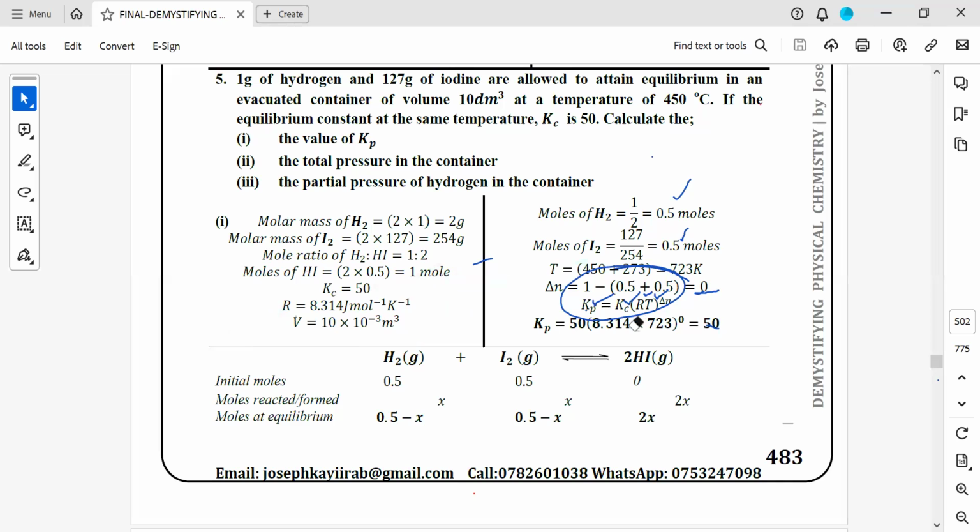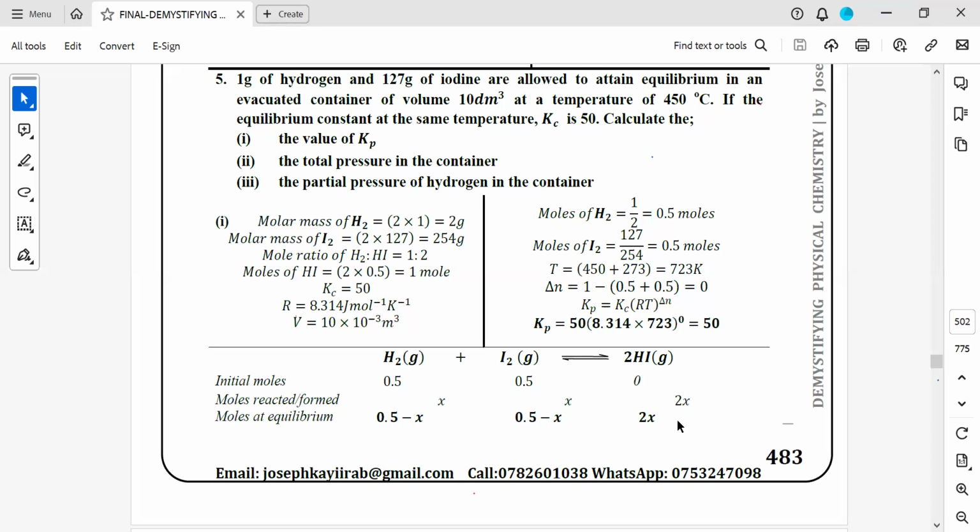And then, of course, we have to find the total pressure in the container. And for us to obtain the pressure in the container, we need to get the different pressures that are required at that point. So we have the initial moles, which are 0.5, 0.5, and these are 0. Then the X, and then that part.